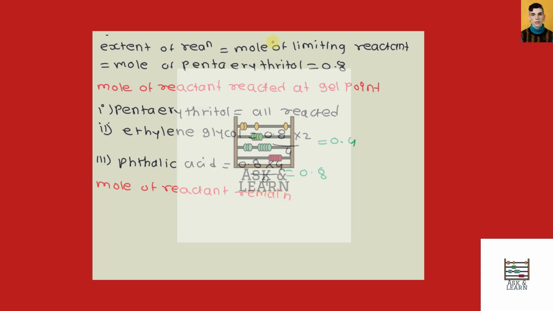Now here firstly pentaerythritol is the limiting reagent. So here these are all reacted and therefore 0 mole remains. Then second one is ethylene glycol.